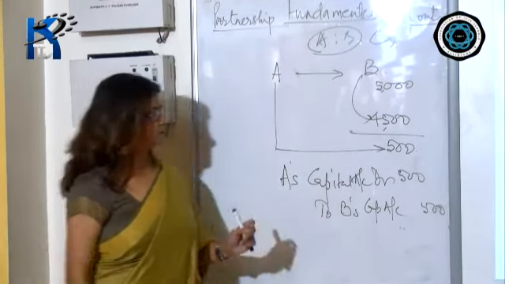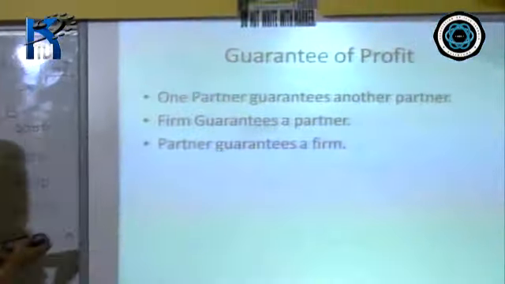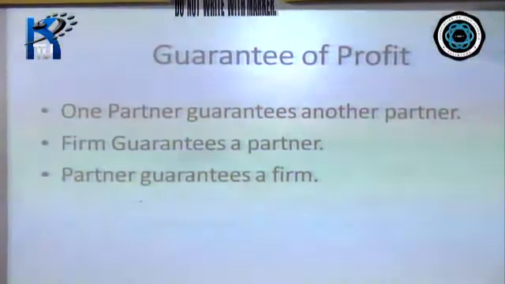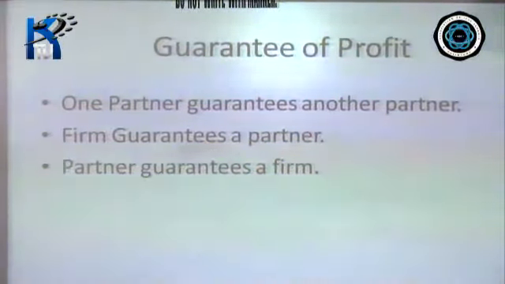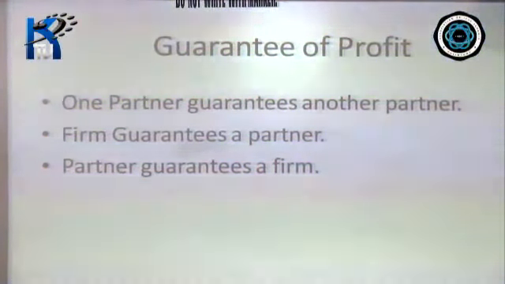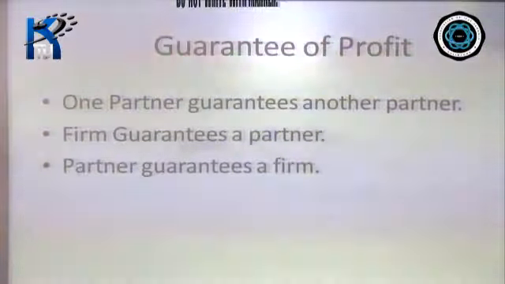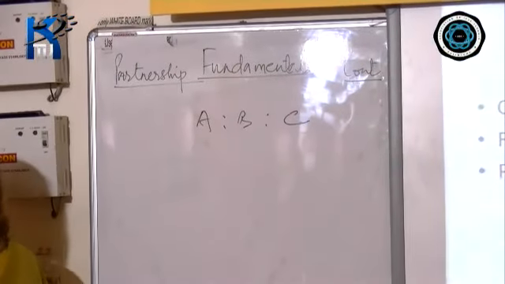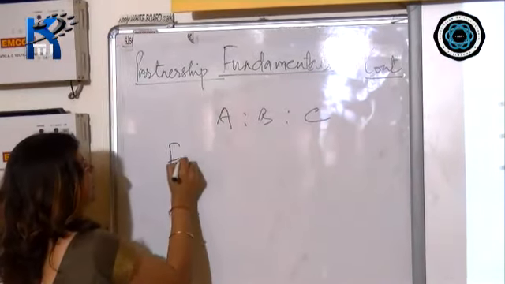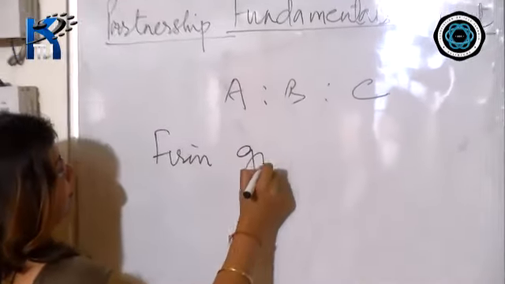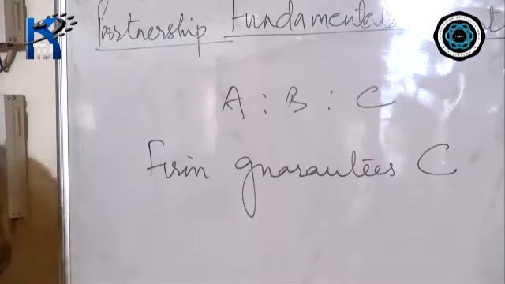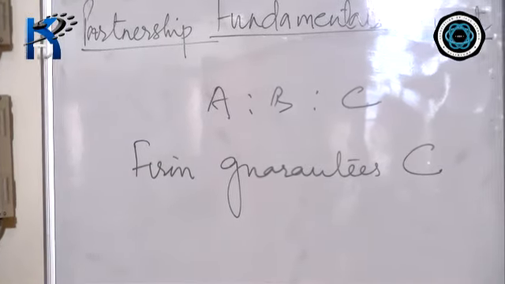The second concept says the firm guarantees a partner. Now, if a firm is guaranteeing a partner, what does a firm comprise of? First of all, let us understand that. Let's assume there are 3 partners and the firm has guaranteed C. Firm is guaranteeing C. Now, what do you mean by a firm?